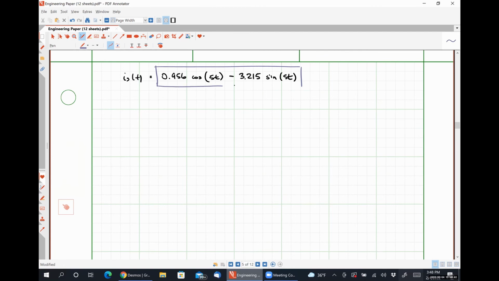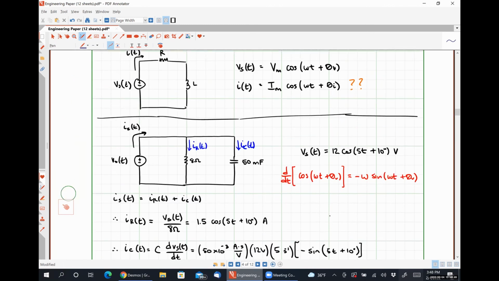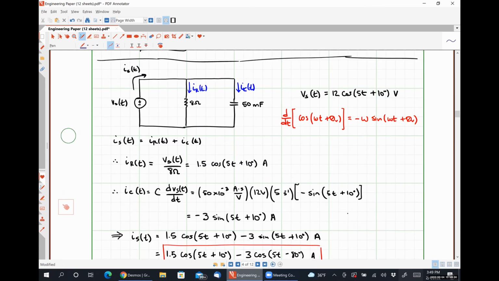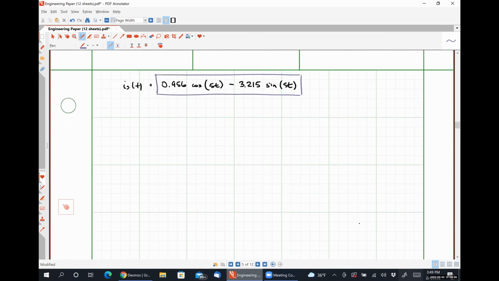Okay. So just as a refresher, our ultimate goal here is to get a signal of this form where we have a magnitude, a single cosine function, and a phase angle. We have taken the sum of two sinusoidal functions in the form that we want, and we have gotten it to the sum of sinusoidal functions that have no phase angle.